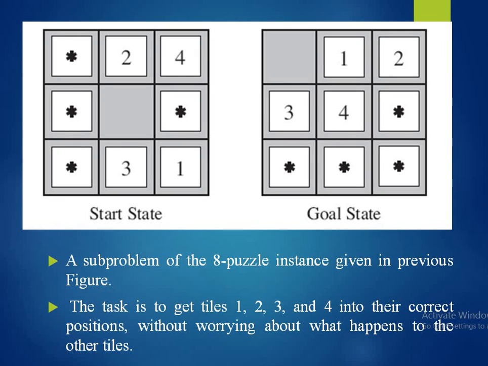Now here in this figure, a subproblem of the 8 puzzle instance shown in the previous figure is given. The task here is to get tiles 1, 2, 3, 4 into their correct positions without worrying about what happens to the other tiles. So we have nothing to worry about the remaining number tiles.